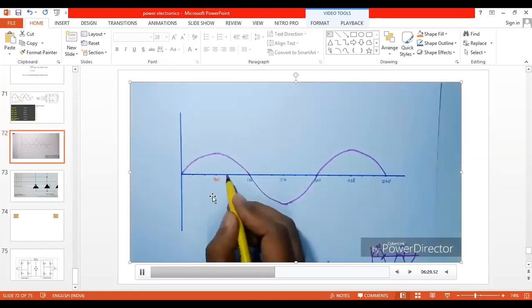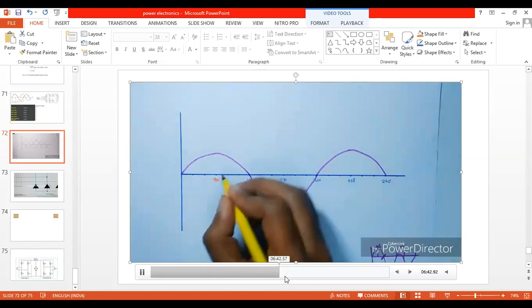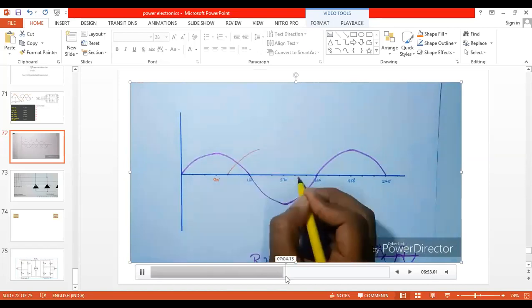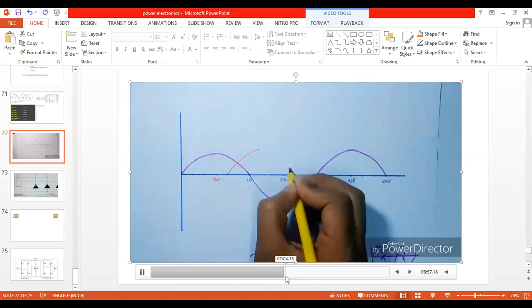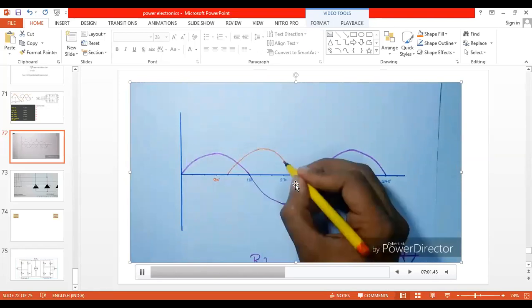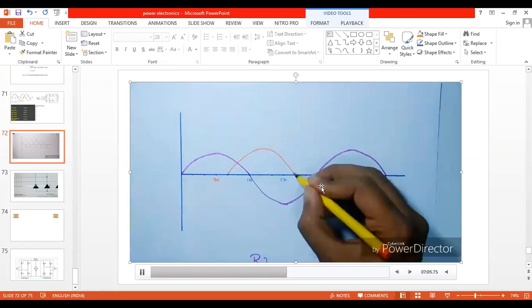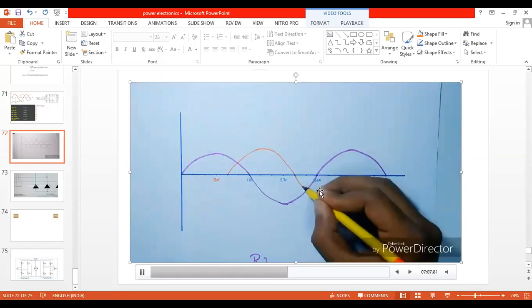So from 120 you start, and exactly you have to draw the waveform, with its positive cycle between 270 and 360, exactly as you have to take it.